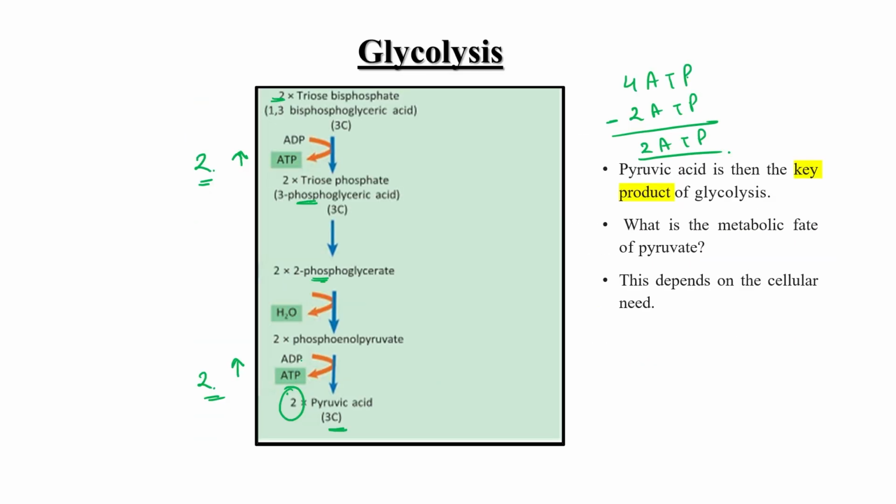So we can say 2 ATP and 2 molecules of NADH, and this NADH then converts into ATP in mitochondria.